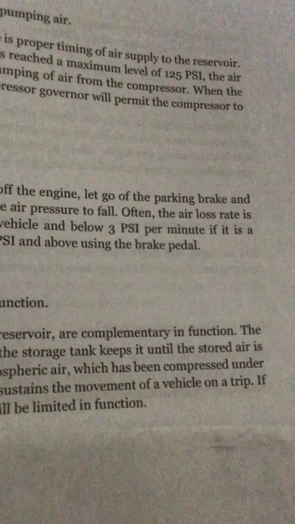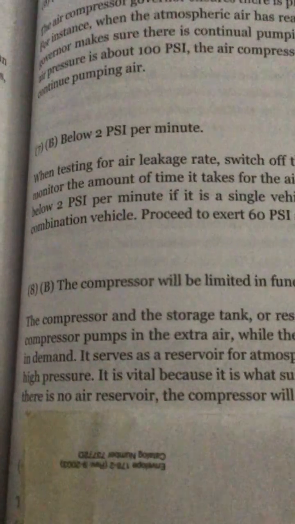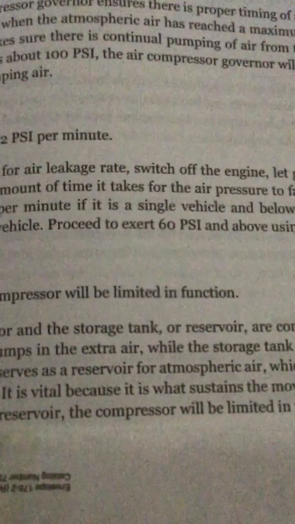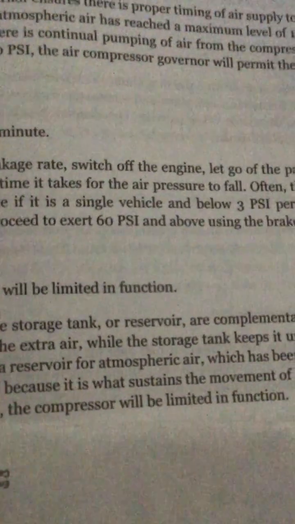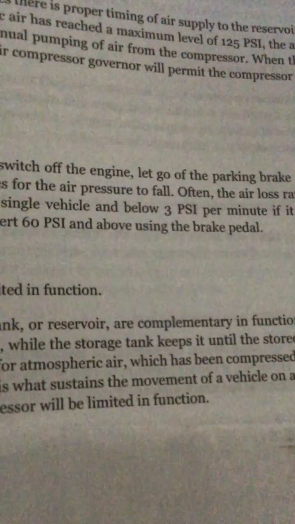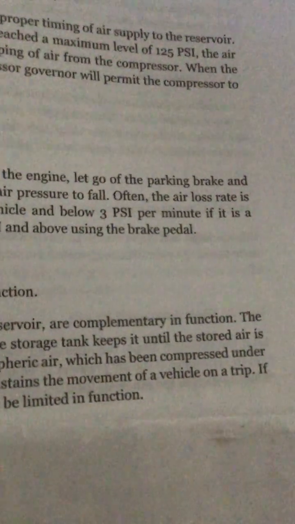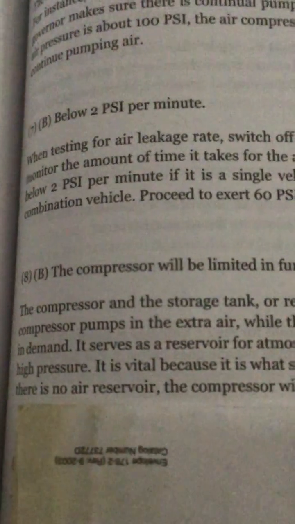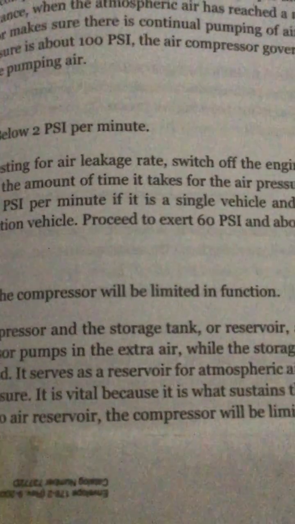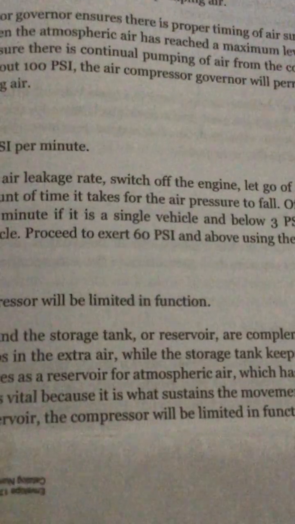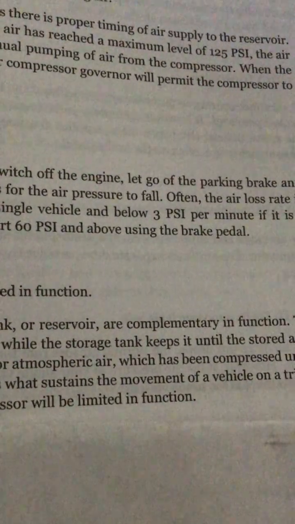Often, the air loss rate is below 2 psi per minute if it is a single vehicle and below 3 psi per minute if it is a combination vehicle. Proceed to exert 60 psi and above using the brake pedal.